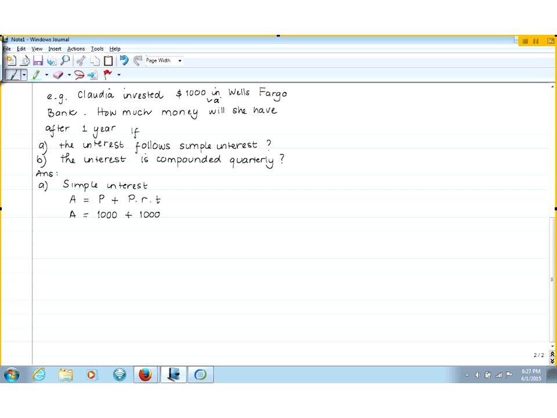I forgot to write it, this is at 4%. So the interest rate is 0.04, times 1. So this is equal to 1,040. After 1 year, Claudia has 1,040 using simple interest.